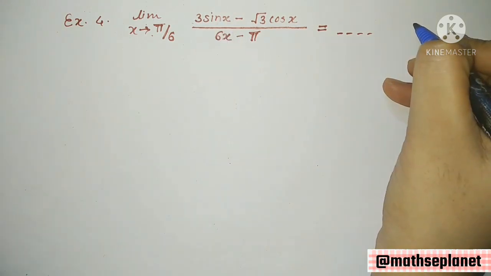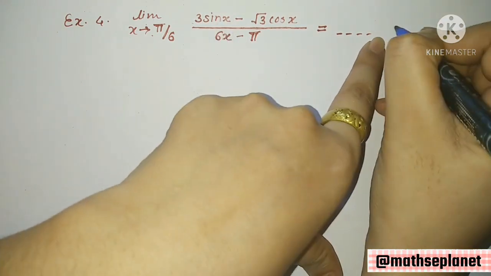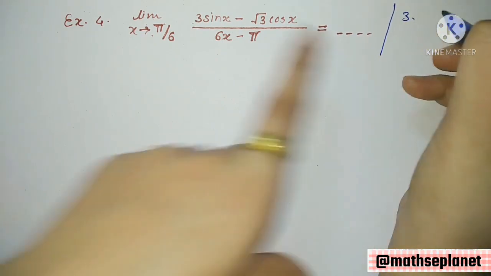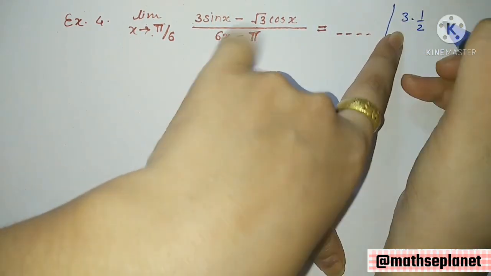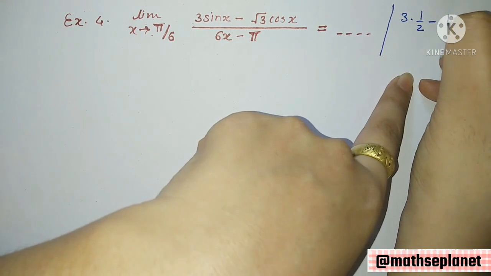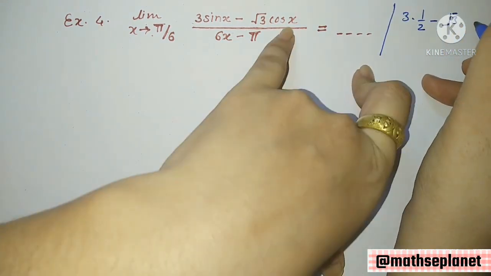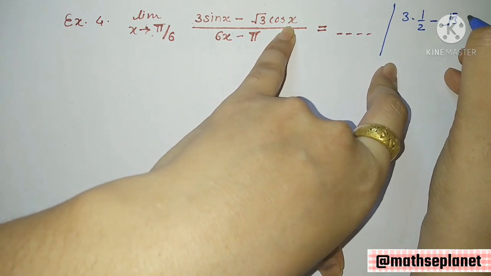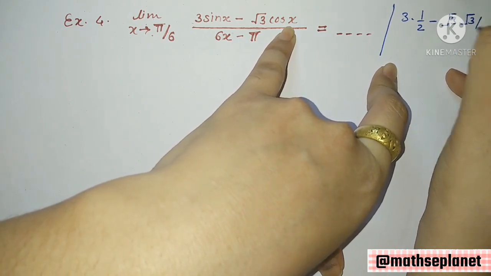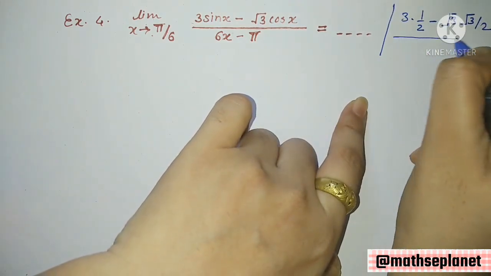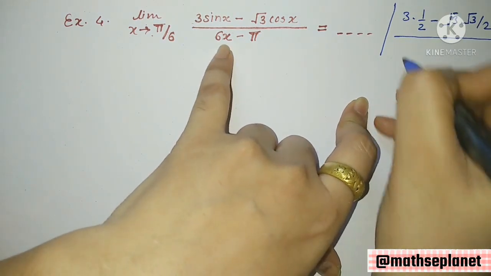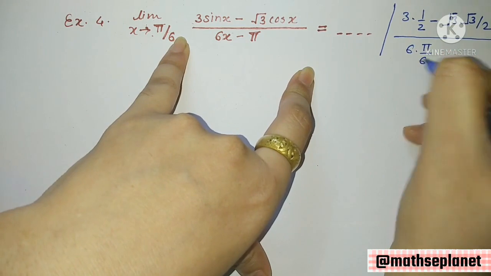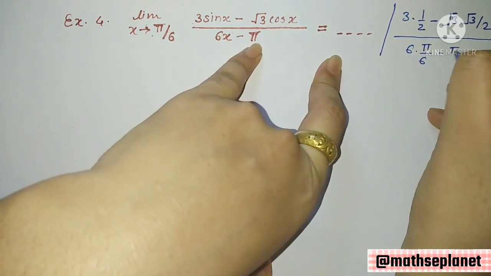Sin pi by 6, sin 30 is 1/2. So we check 3 into 1/2 minus root 3 into cos 30, which is root 3 by 2, divided by 6 into pi by 6 minus pi.